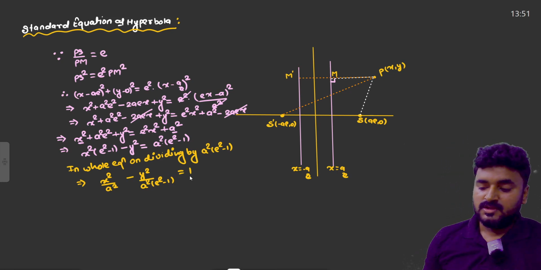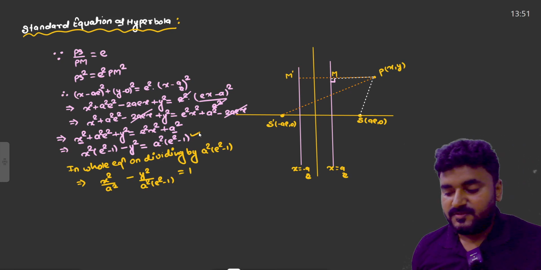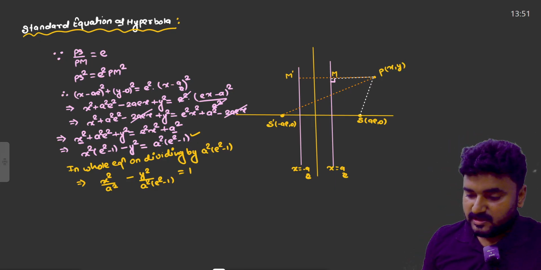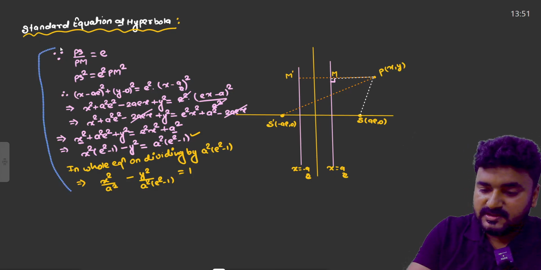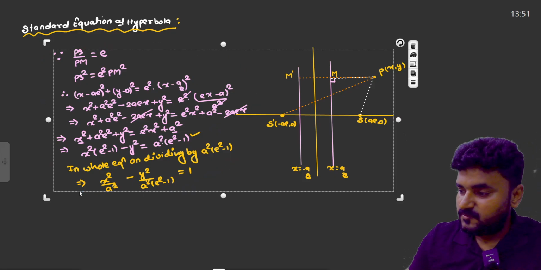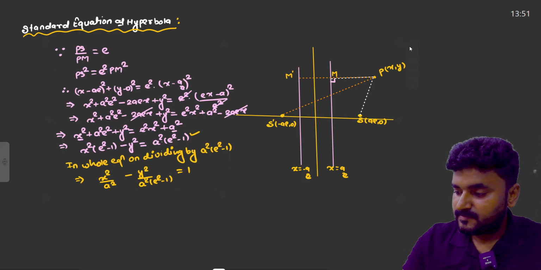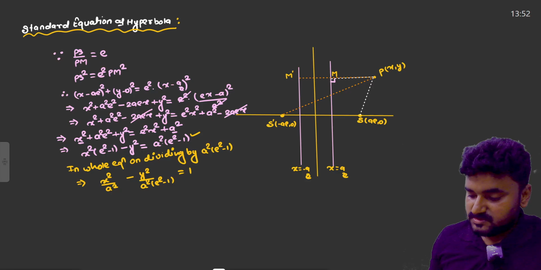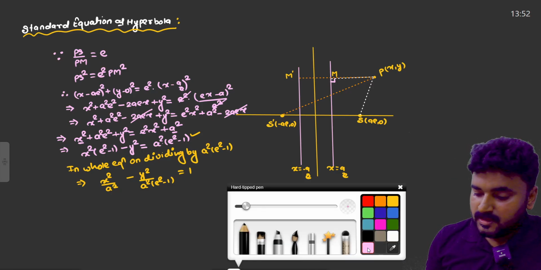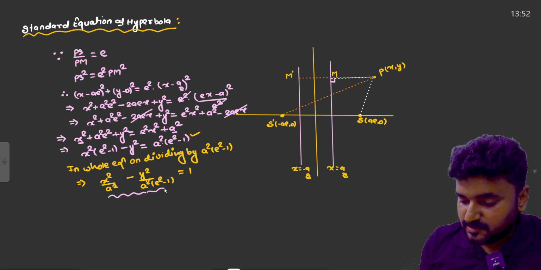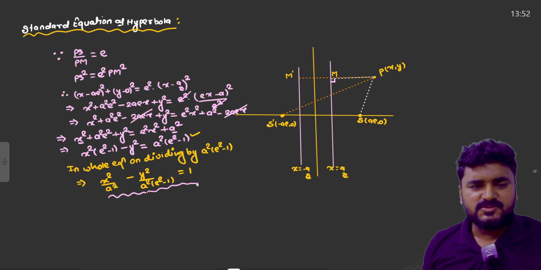Okay. So once you can see here, if we are dividing, A square E square minus 1 will be cancelled. Okay. And x square into (E square minus 1). So this is your equation of the hyperbola. But do one thing, it is not looking standard.